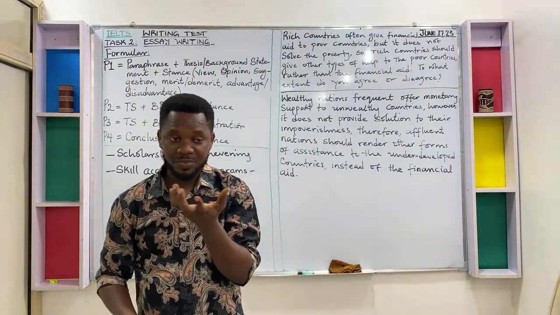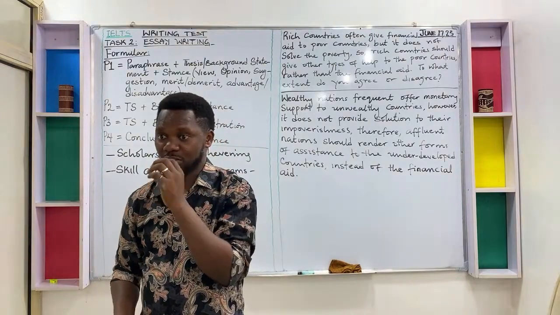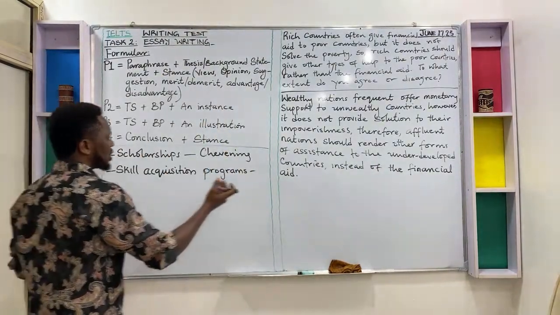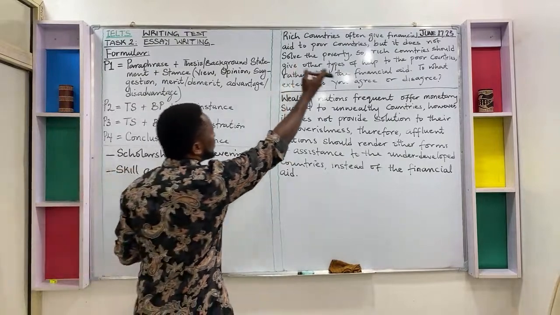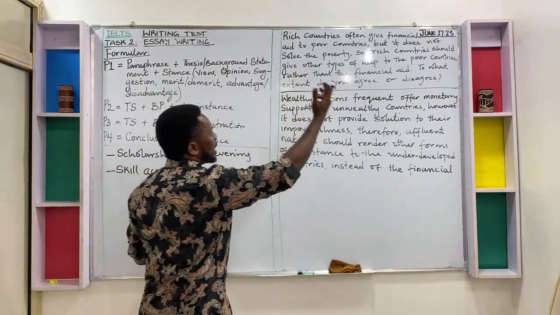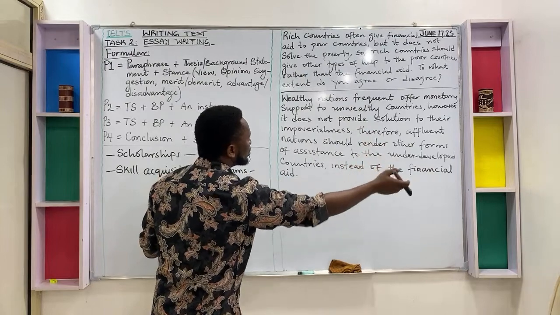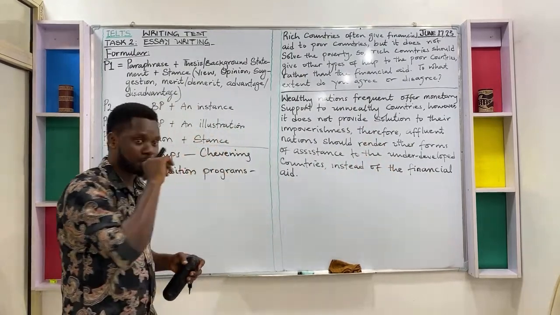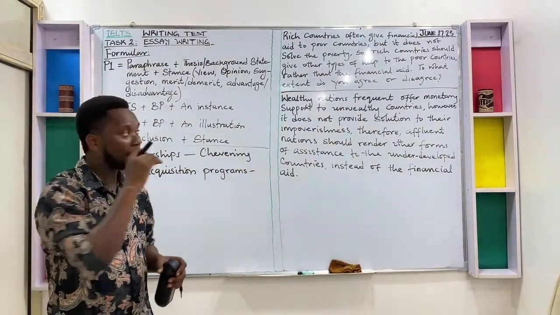Baking, right? Baking jobs. These are skill acquisitions, right? So you might want to suggest that rather than giving them money, train them on how to do certain skills, and then give them some financial capital to set up.